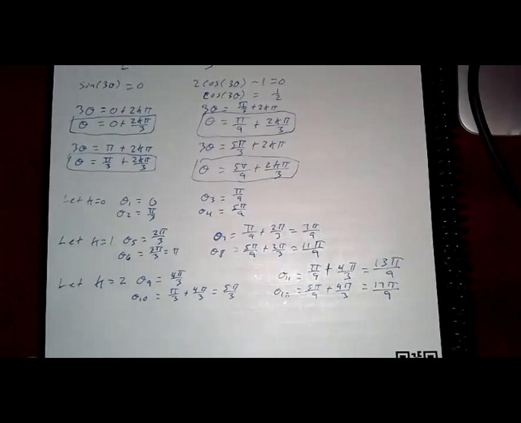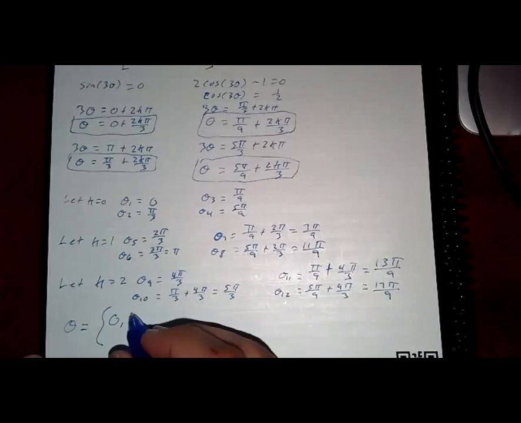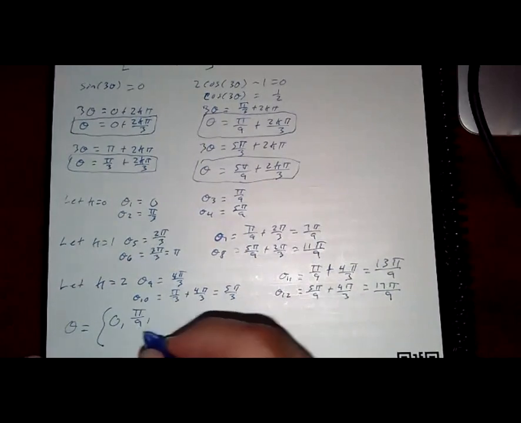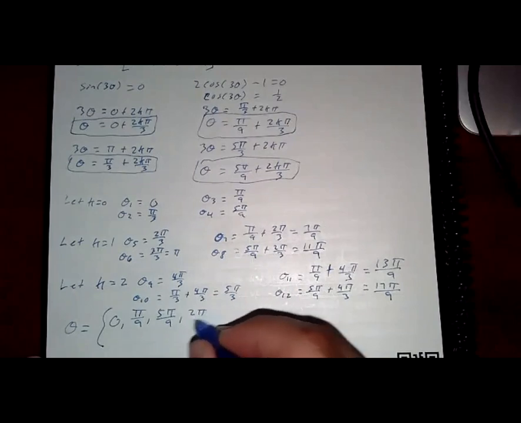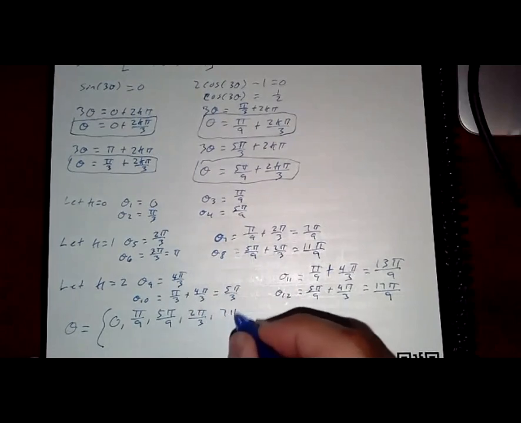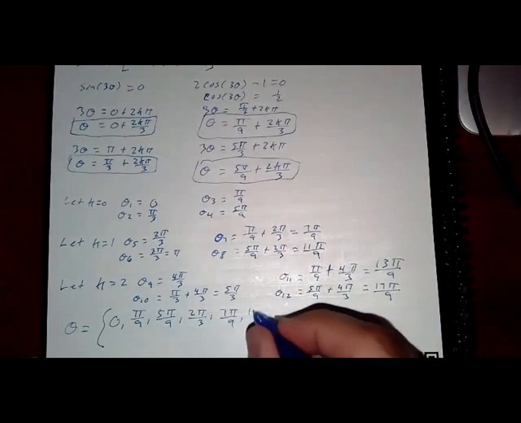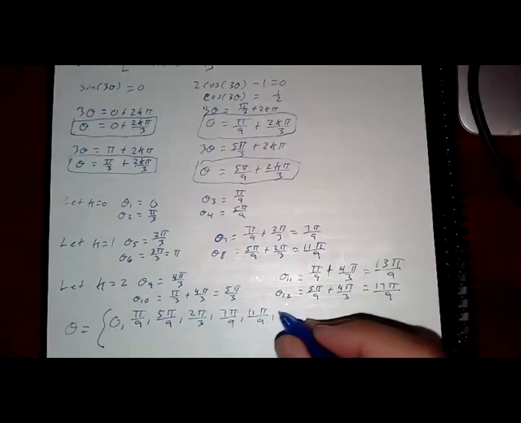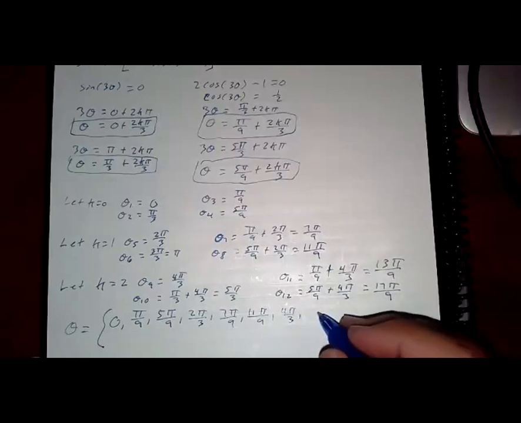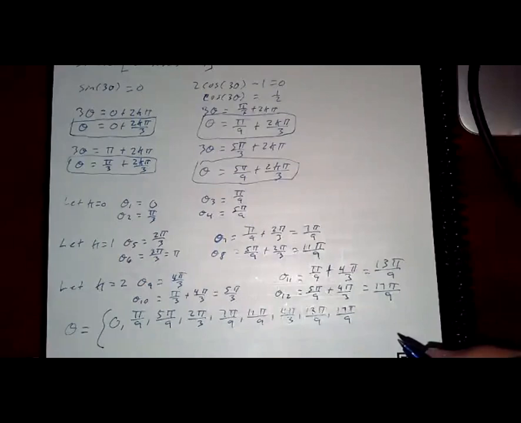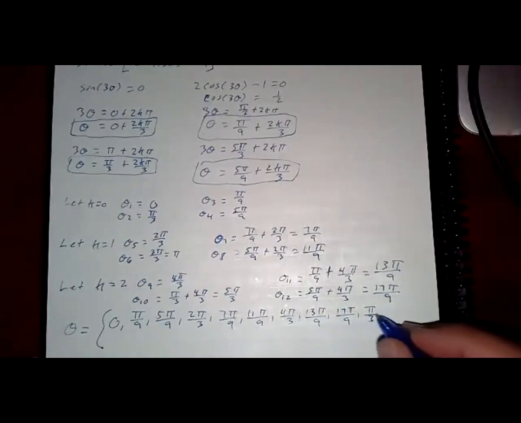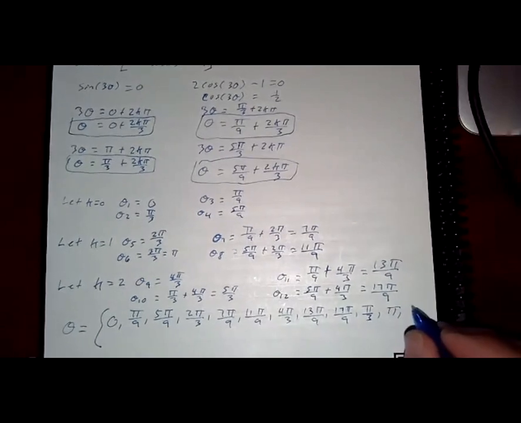All right, so the set of all thetas will be 0, pi ninths, 5 pi ninths, 2 pi thirds, 7 pi ninths, 11 pi ninths, 4 pi thirds, 13 pi ninths, 17 pi ninths, pi over 3, pi, 5 pi thirds.